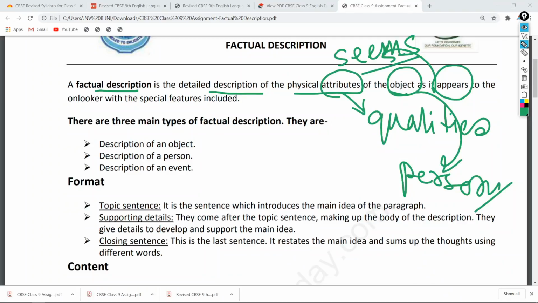It means as soon as you see it, how it looks and how you feel about it. Therefore, it is what it appears or what it seems, what one feels after seeing the thing at first sight.